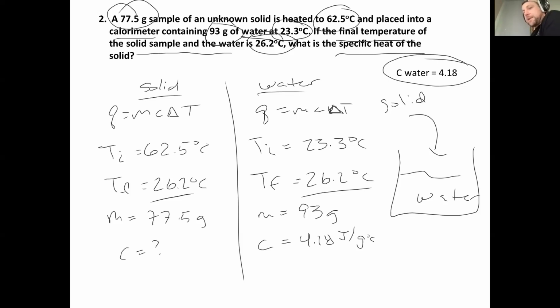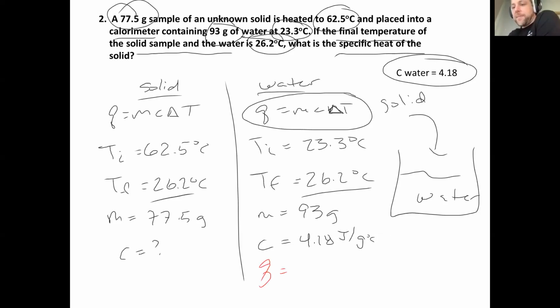To make this a little bit easier, I break this down into 2 separate calculations. I'm going to use the Q equals MC delta T equation for water first and figure out how much heat was actually absorbed by the water. And I'm going to do this in a separate color. So I'm going to plug all these values in for water.